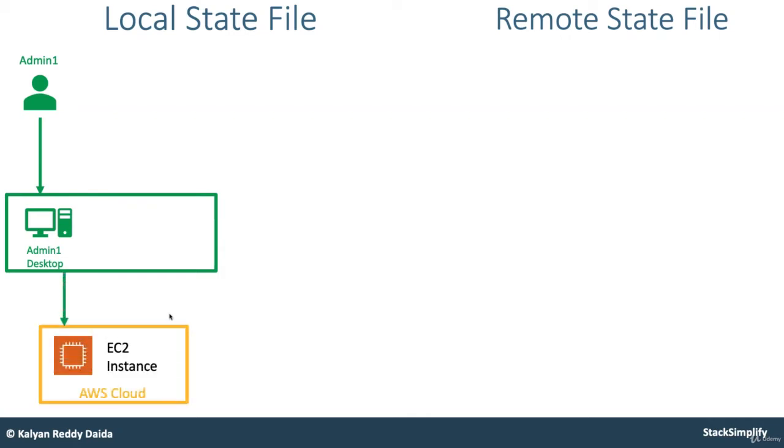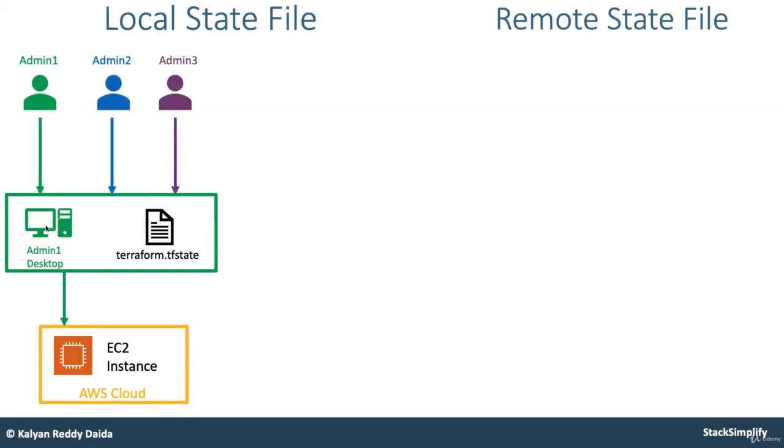There he uses Terraform to provision an EC2 instance, and whenever you do a Terraform apply, the terraform.tfstate file is immediately created in the local working directory of the admin1 desktop. Now here comes the problem: admin2 and admin3 of your organization are also planning to manage this infrastructure.